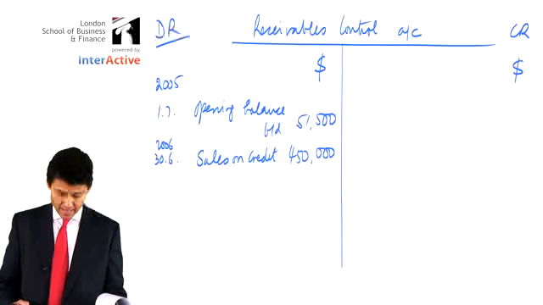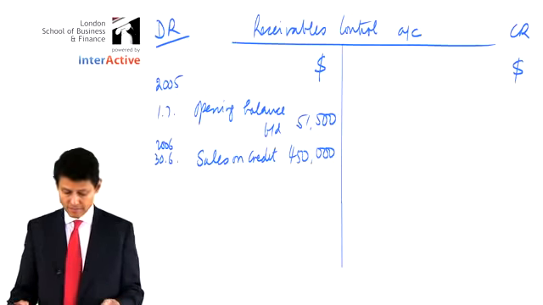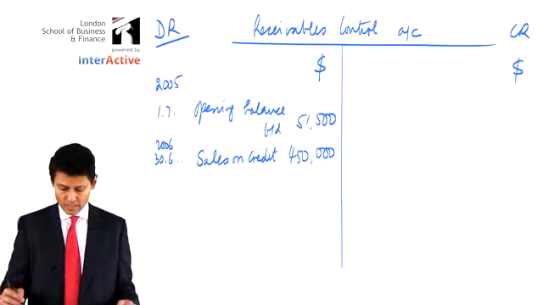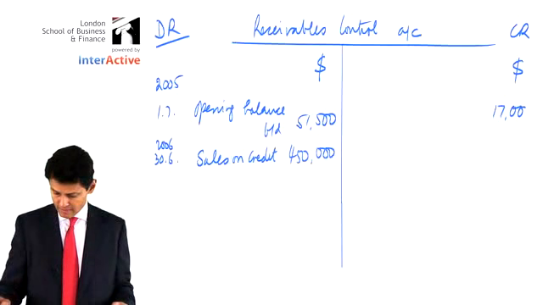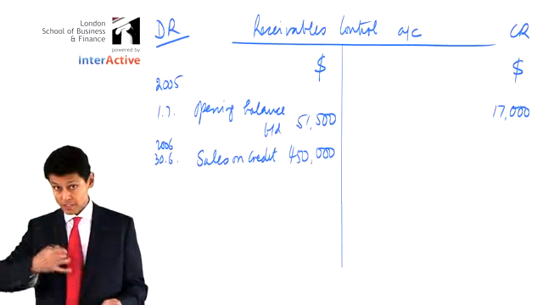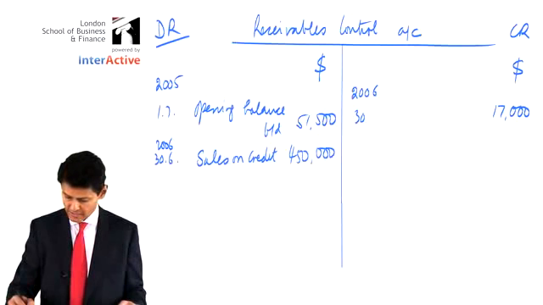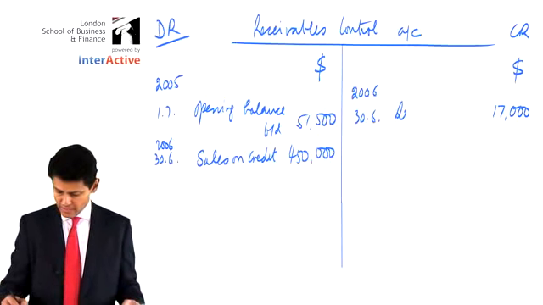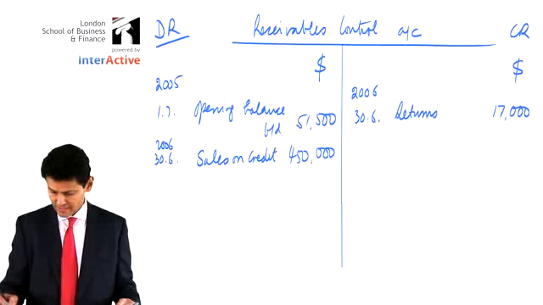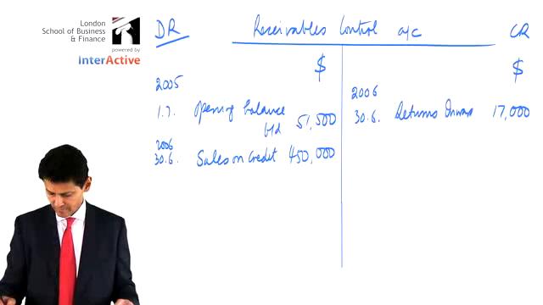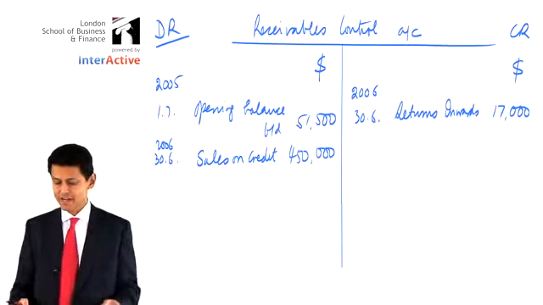The next RCA is returns inwards of 17,000. If you return something inwards, or if someone returns it to you, it comes into your company. Clearly, we need to reduce the amount that the customer owes us to that extent. So we're going to say returns inwards account 17,000.